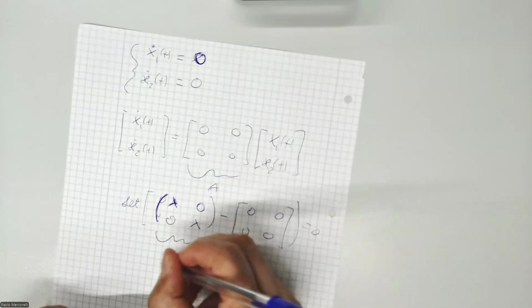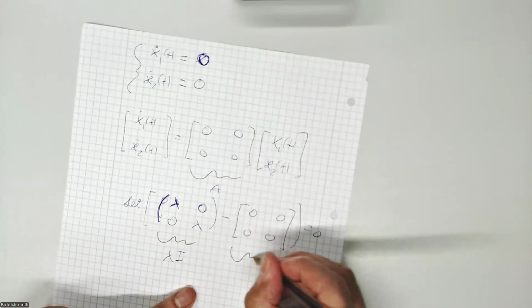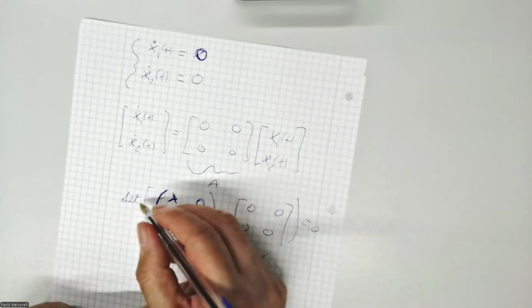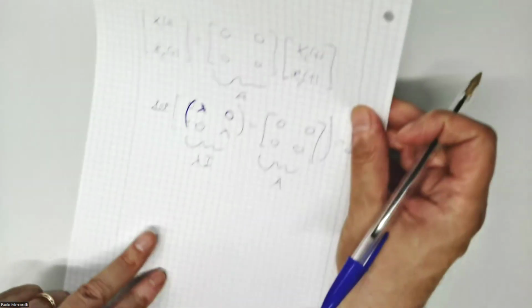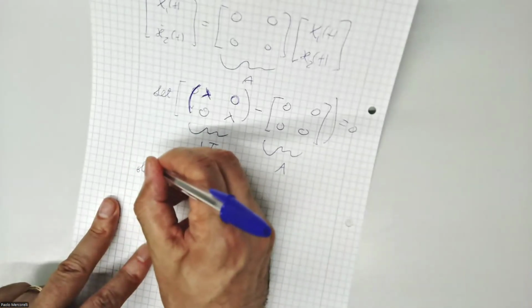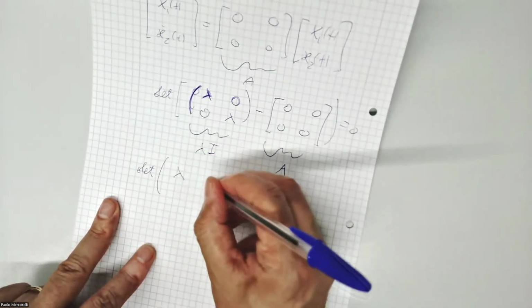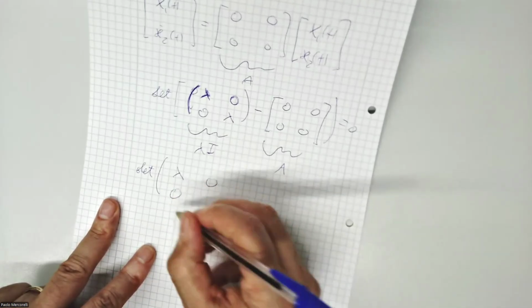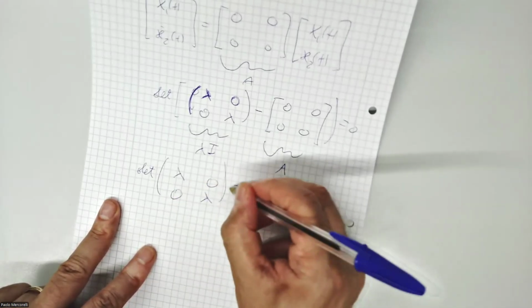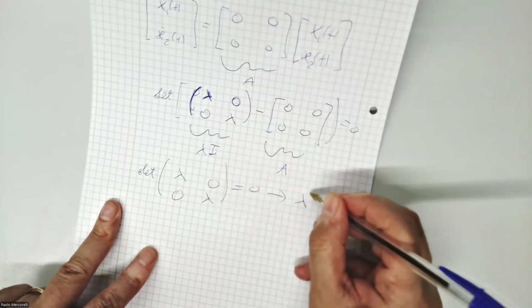This is lambda I, and this is A. Determinant of lambda I minus A. This means determinant of what? Lambda 0, 0 lambda, right? This means lambda squared equals 0.